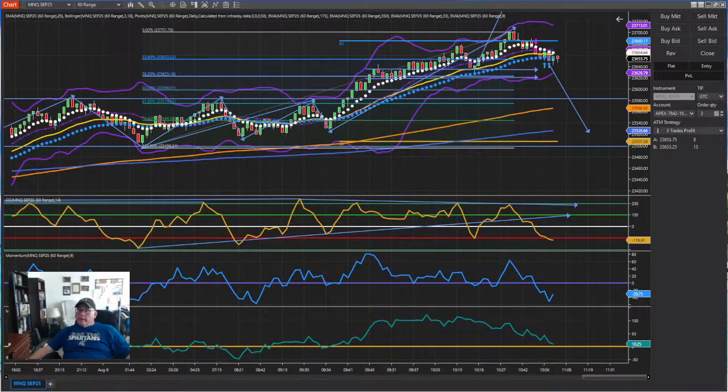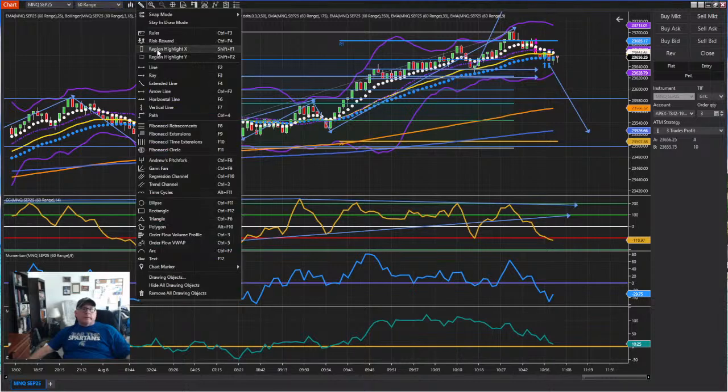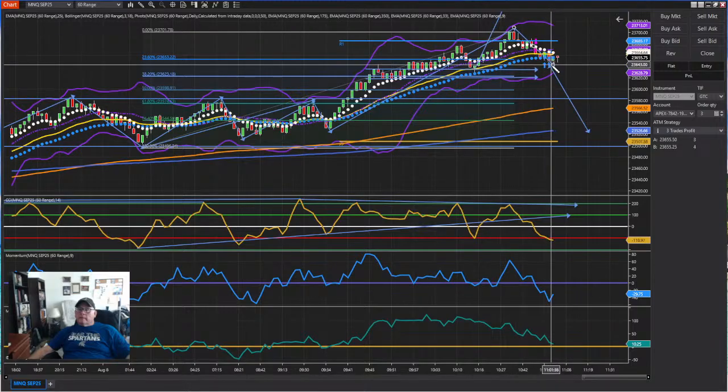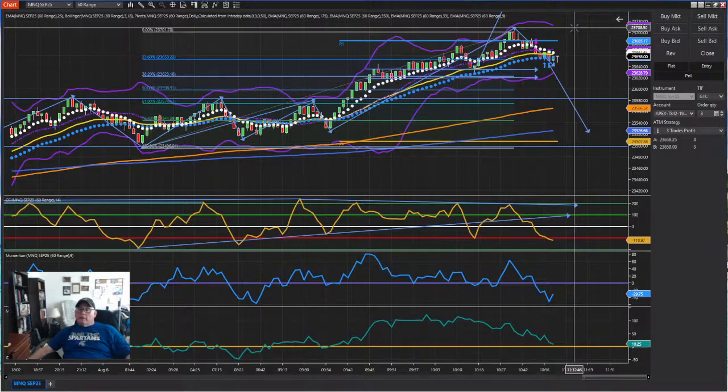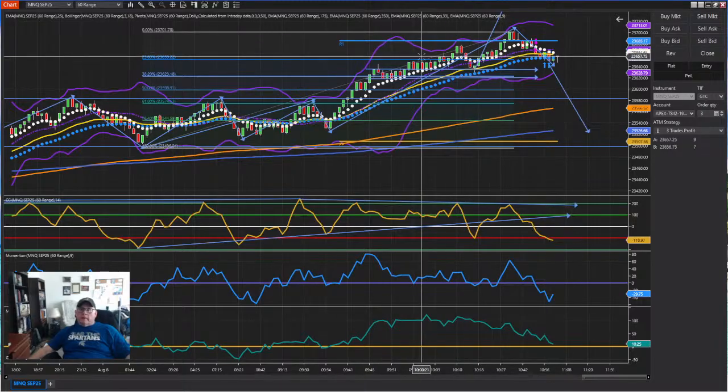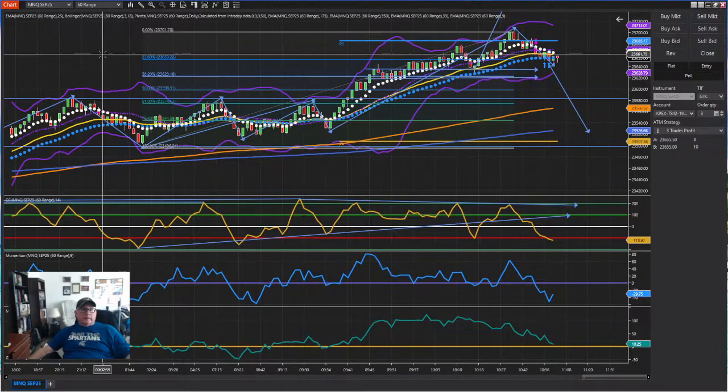What do we got going on the other side of this? We finally formed a line down. And the market looks like it's trying to make a move back to R1. Now I'm going to remove all this stuff because it's getting confusing.